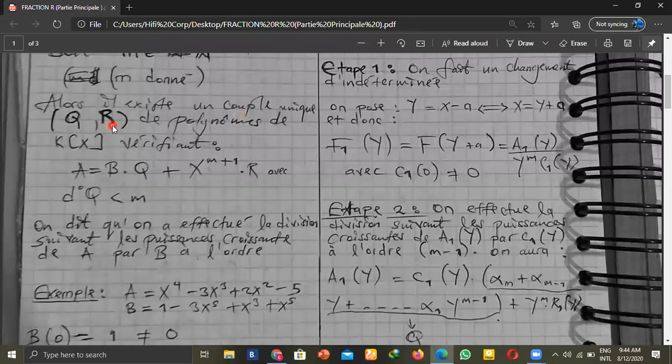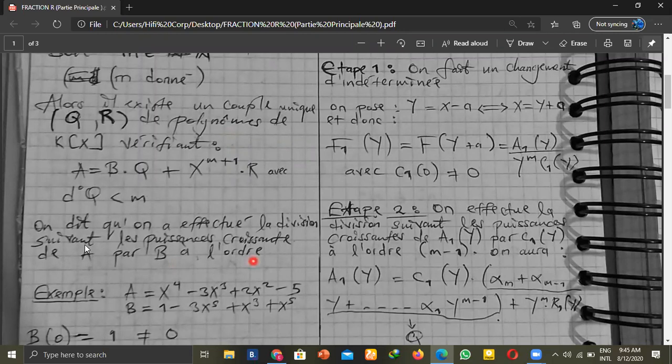A is equal to B times Q plus x to the power m plus 1 times R, avec degré de Q less than or equal to m. We're going to understand it more when we do the example.